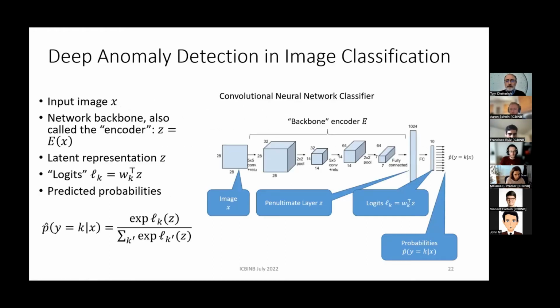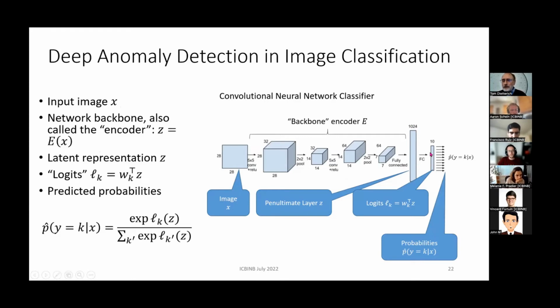So just to fix some notation then, we'll call the input image X, and then we'll treat the whole backbone of a convolutional neural network or a vision transformer or what have you as an encoder that encodes that as a vector of features. In this case, this was based on a standard CNN with a latent space with 1024 dimensions.